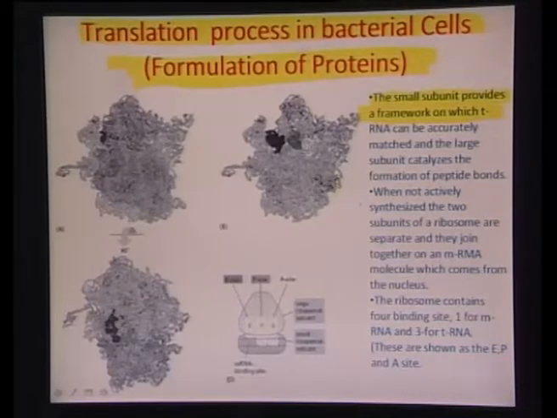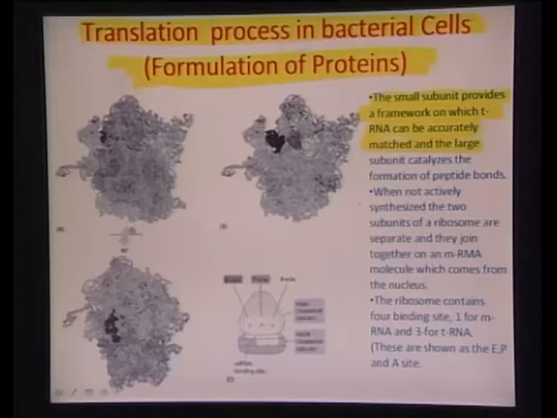Essentially this ribosome is one of the most intelligent nanomachineries ever available in nature, given by Mother Nature. The small subunit provides a framework on which tRNA can be accurately matched, and the large subunit catalyzes the formation of the peptide bonds.